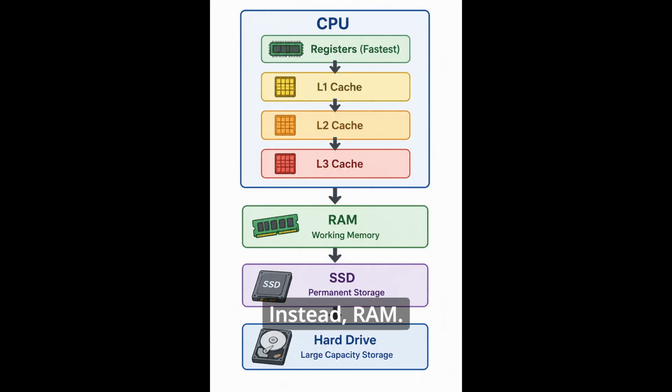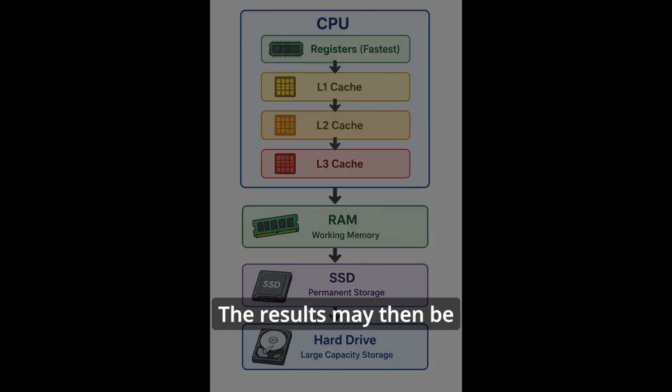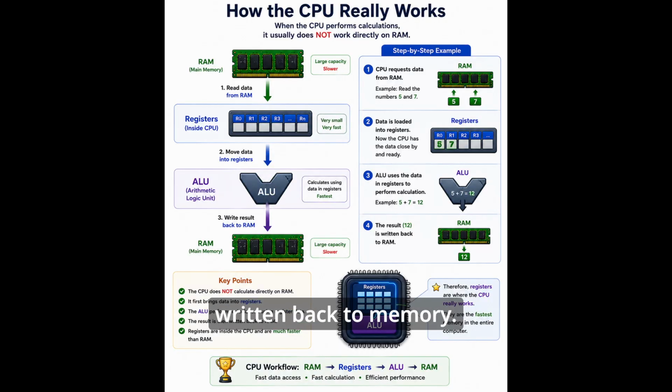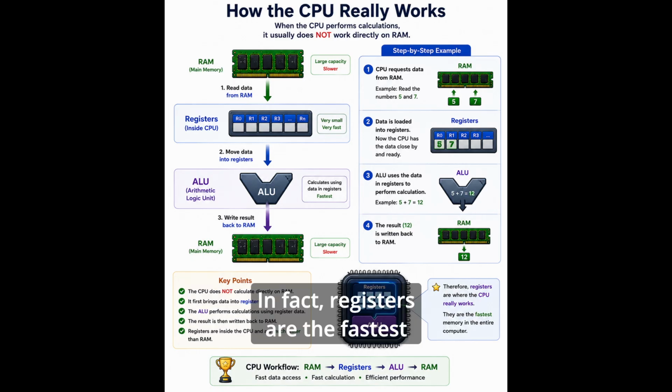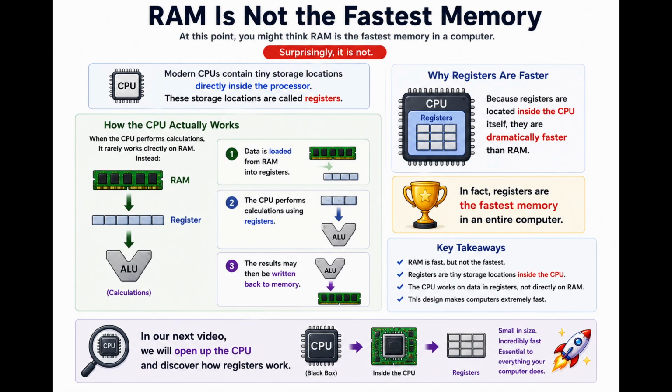Instead, data is loaded from RAM into registers. The CPU performs calculations using registers. The results may then be written back to memory. Because registers are located inside the CPU itself, they are dramatically faster than RAM. In fact, registers are the fastest memory in an entire computer.